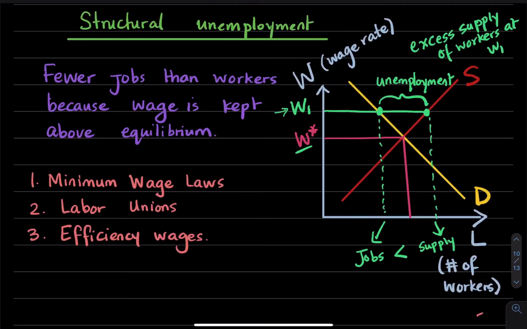So unions can raise the wage above equilibrium, and typically people who remain employed in those companies that have unions are the insiders, and they're better off. But people who are outsiders, or workers who lose their jobs, are worse off. There's a big debate in economics over whether unions are good or bad. The critics of unions say that unions act like cartels.